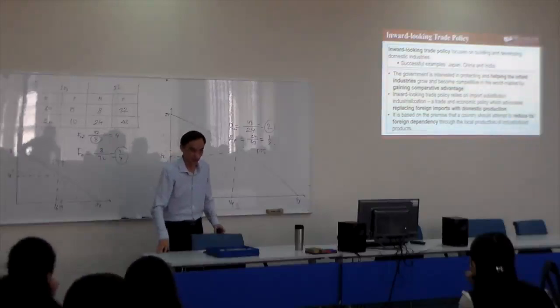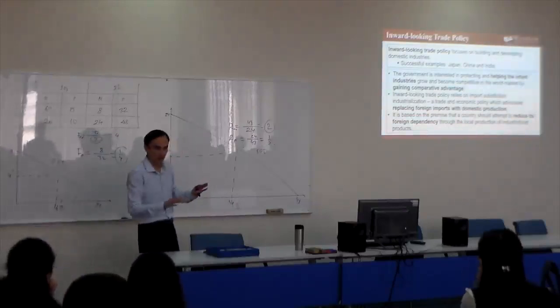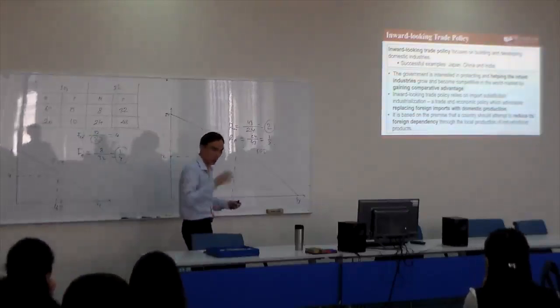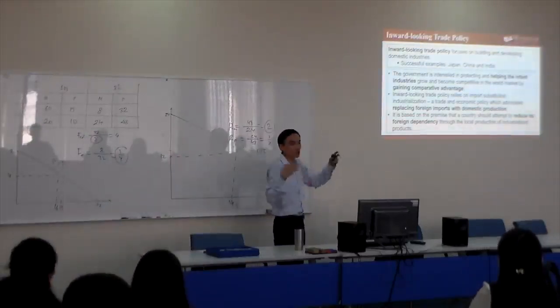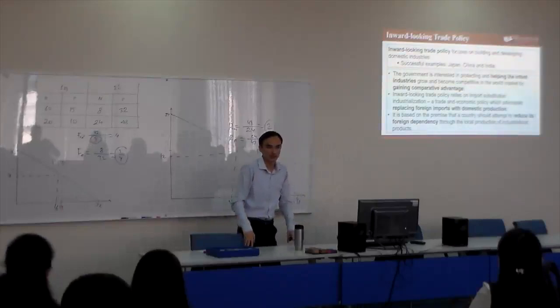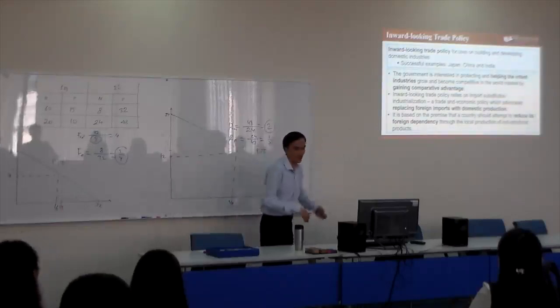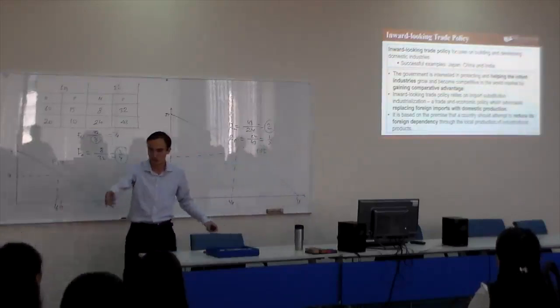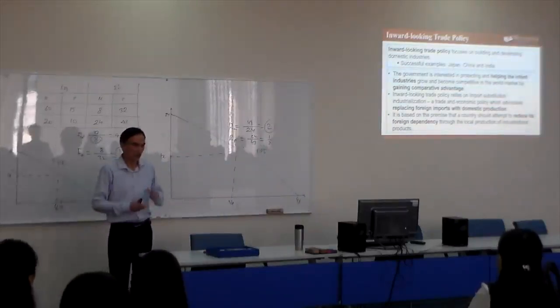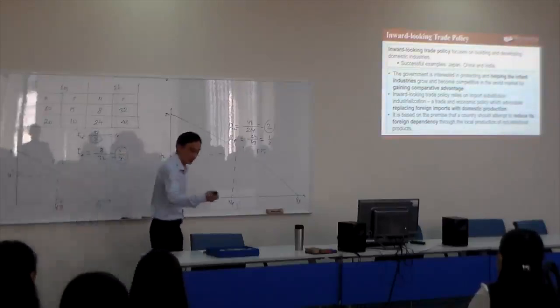China, for example, has a strongly inward-looking trade policy. Russia too, Japan used to be, but not today. And India too. First of all, why? They want infant industries, new industries that we want to open. For example, Artel is our infant industry.